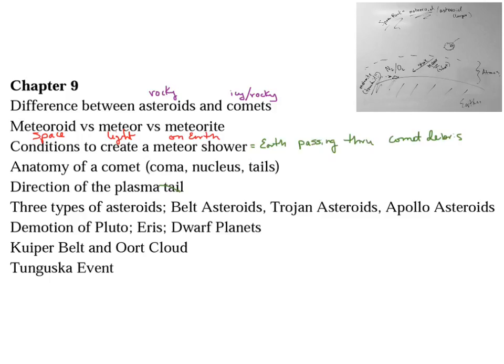And then when we experience a meteor shower, remember what a meteor is: that streak of light that occurs as a meteoroid or some debris falls through the Earth's atmosphere and burns up. On a dark night you can actually see one of those every 10 minutes.